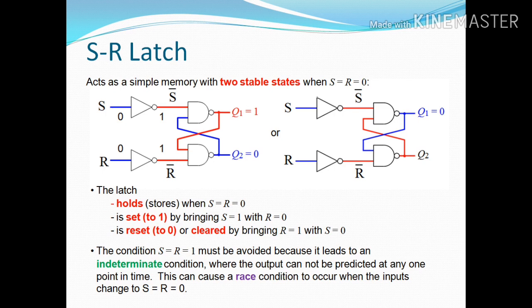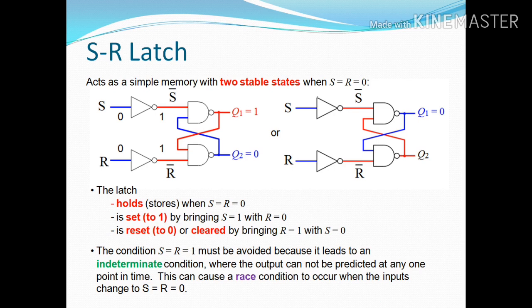When S equal to R equal to 0, so S complement, R complement equal to 1. Now if Q equal to 0, then 1 and 0 gives us 1, and if it is 1, both ones give us obviously 0. So you can get the first figure.